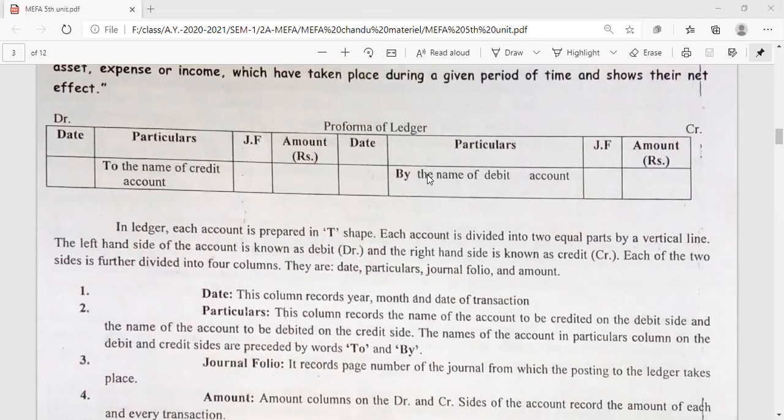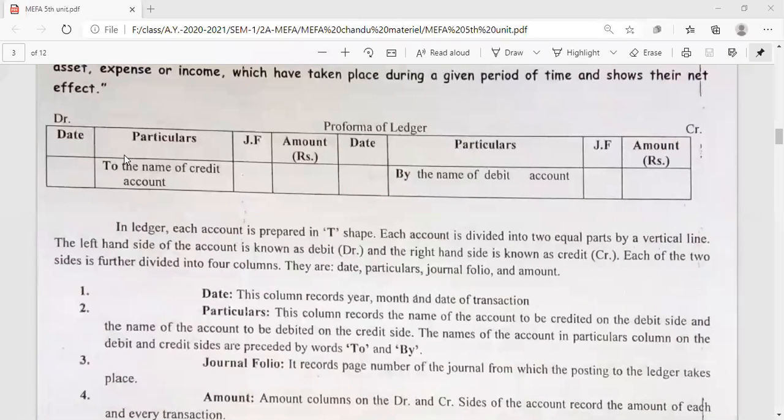So Gopal account, by the capital account, by the capital account, the amount. So on the credited side, you are writing by the capital account, the general folio number, and the amount. Okay, do you understand now?